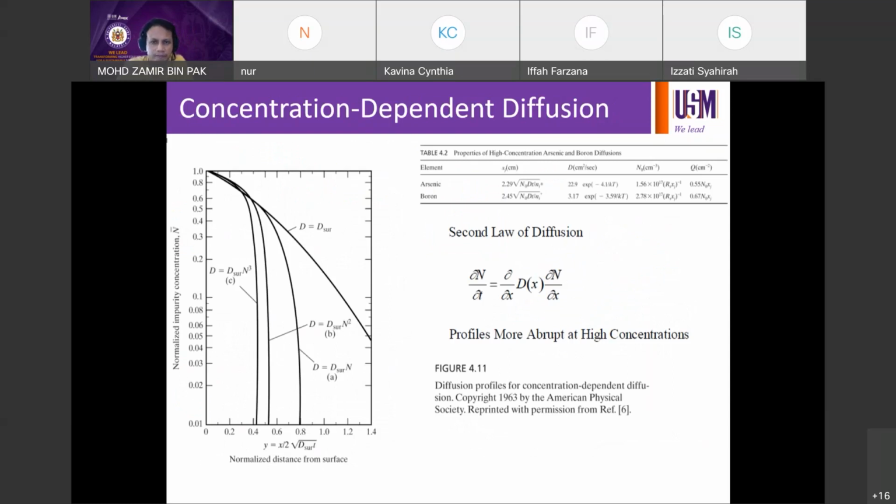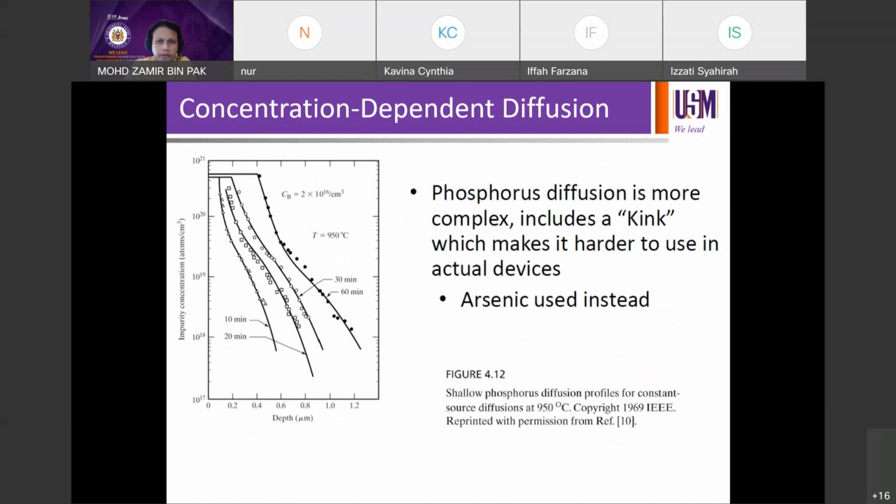Concentration dependent diffusion. Okay, the second law of diffusion, you can see the concentration dependent at impurity concentration and distance. And then this is the typical shape of the diffusion profile that you will see on the wafer after you diffuse. Concentration is on the y-axis, depth of silicon is on the x-axis. The process is run at 950 degrees Celsius.